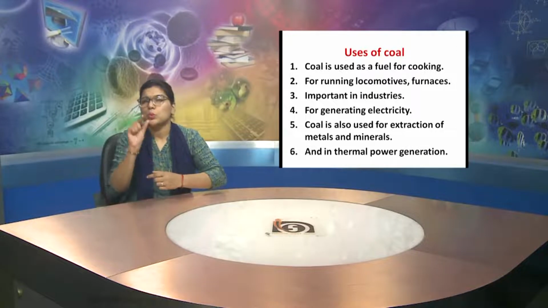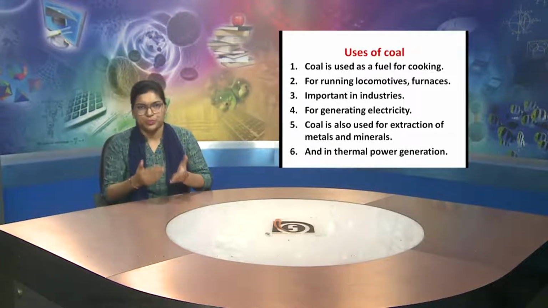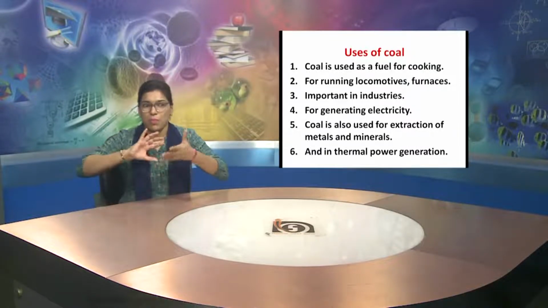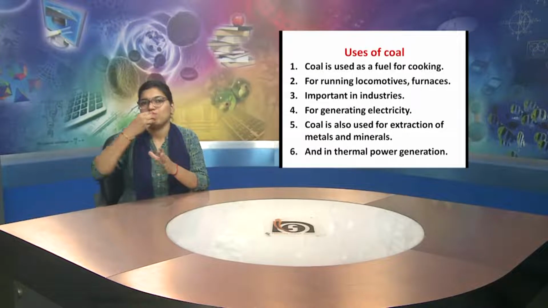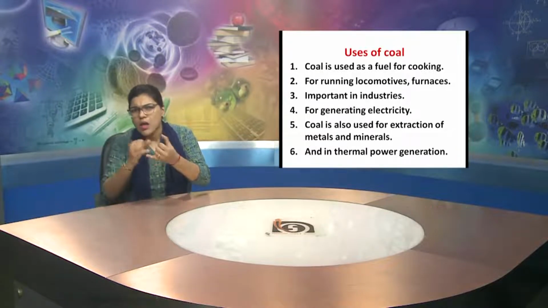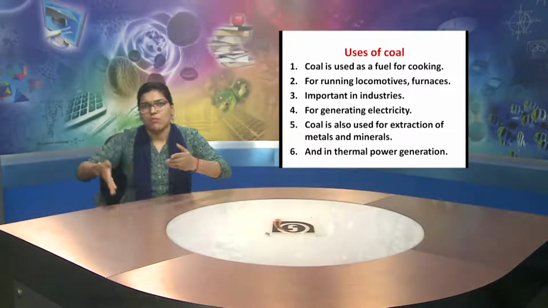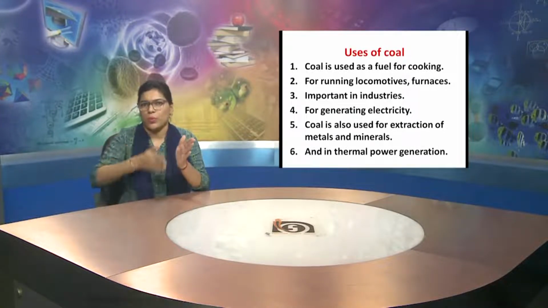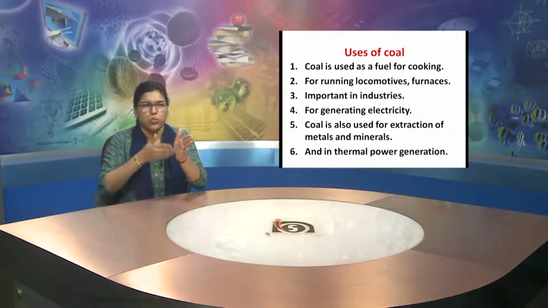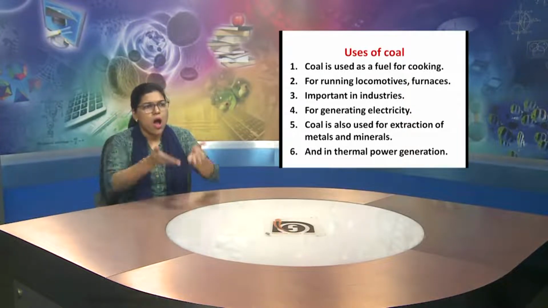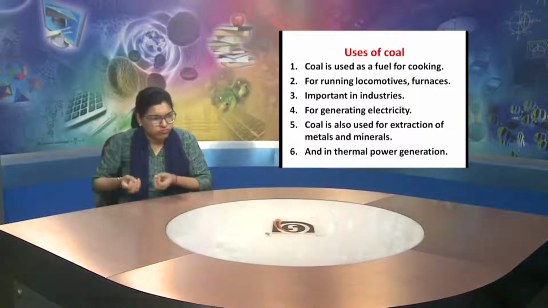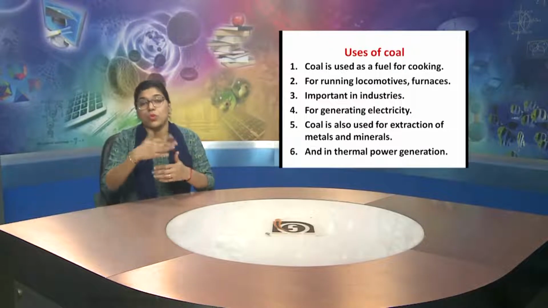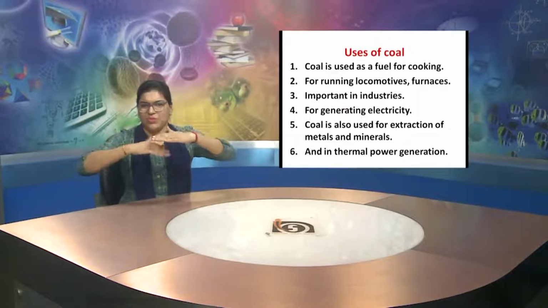Now let us discuss the usage of coal. The first use is that we use coal for cooking as a fuel, and the second use of coal is that we use it for running different locomotives like railways, you must have seen, and also the furnaces use coal for making bricks.